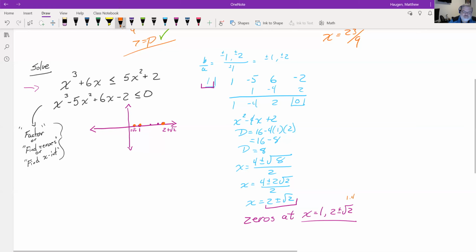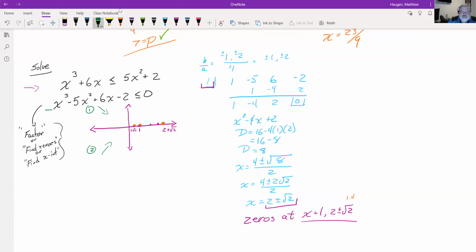Is that fair? And the last idea about how we're going to graph this is, do we know whether it's going to come up this way from the bottom through those intercepts, or if it's going to come down this way from the top and go through those intercepts? So which do you think, 1 or 2? 2. It's going to go up through those intercepts because the leading coefficient is positive.